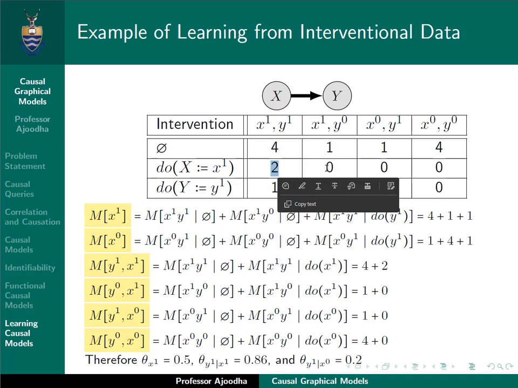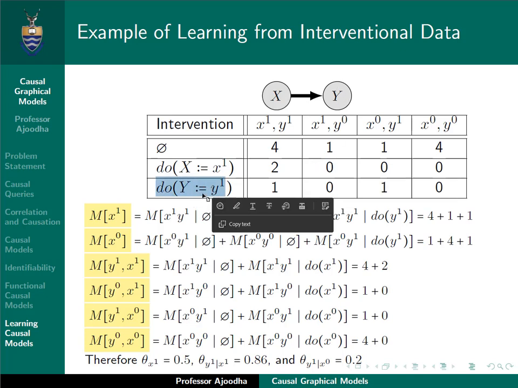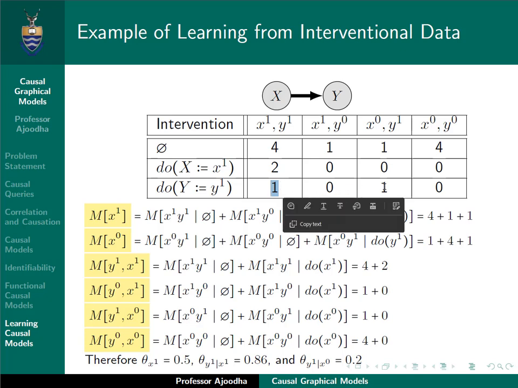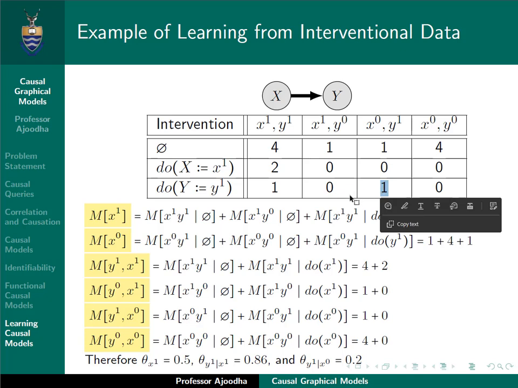If we force X to take X1, then Y0 never occurs. Okay, so that's just the dynamics of the causal model. And finally, if we force the variable Y to take on the value Y1, then X takes on X1, and 50% of the time it could also take on X0.